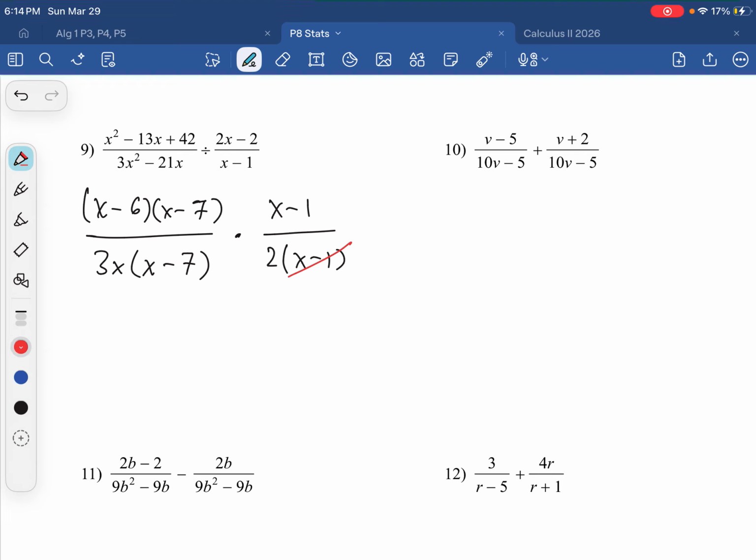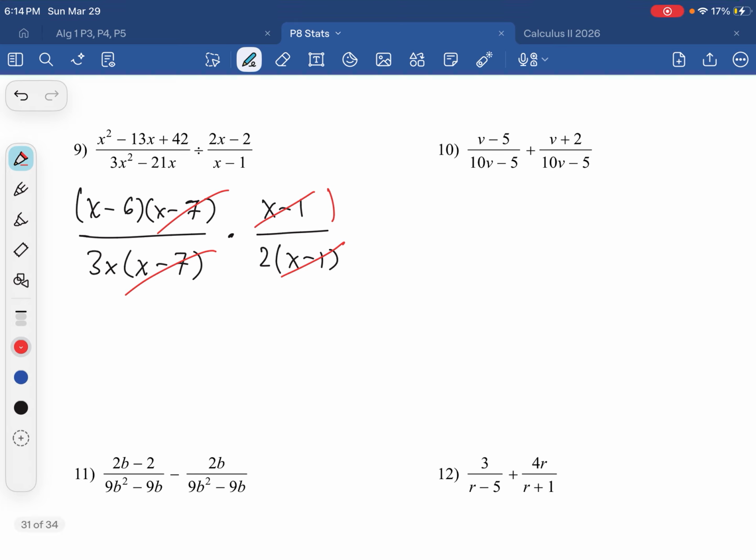So I can divide the x minus 1 and the x minus 1, I'm left with a 1, x minus 7, x minus 7. This is going to be x minus 6 divided by 3x times 2, or x minus 6 over 6x.